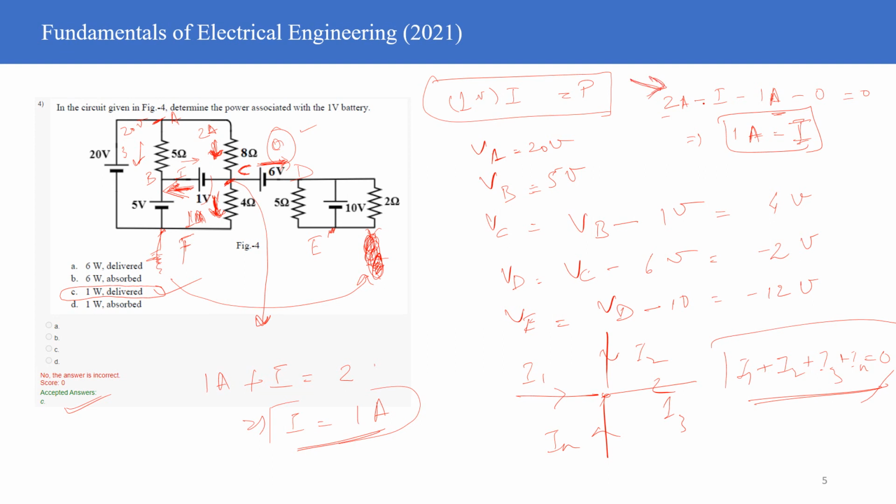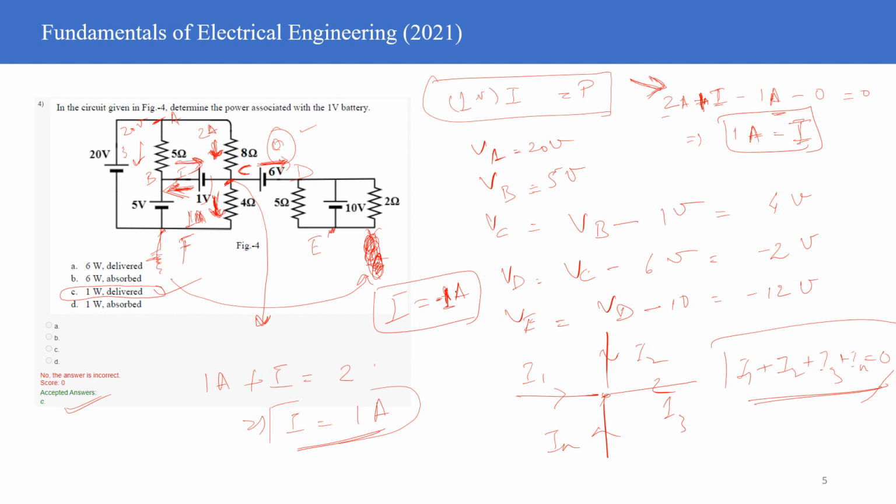If the current direction was into the battery, let's say I was taking power as being absorbed, then the current direction would have been this, and this equation would have changed. So it would be 2 amperes plus current I, and everything else would have remained the same. But then the current would have come out to be minus 1 ampere, right?